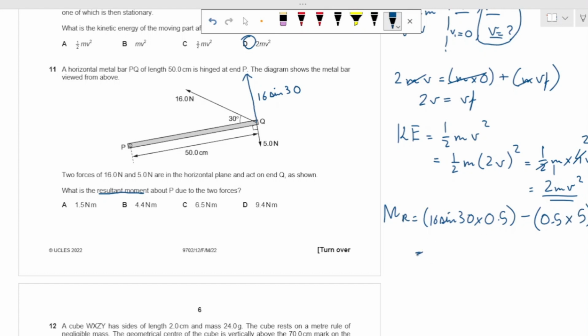And then we can put this in our calculator and find the answer. That would be 16 sine 30 times 0.5 minus 0.5 times 5, and that would give us the final answer of 1.5 Newton meter. And that's our final answer, A.